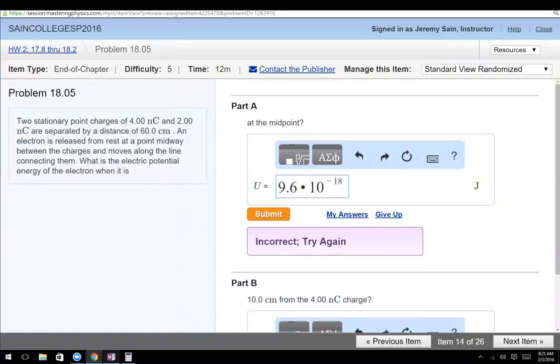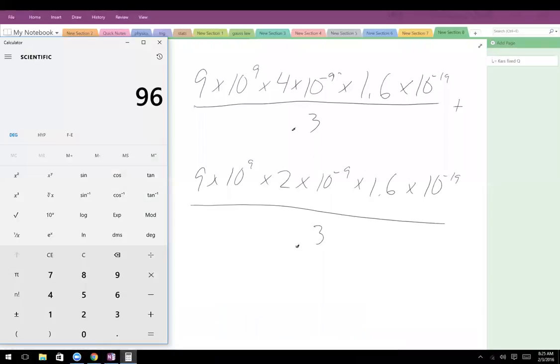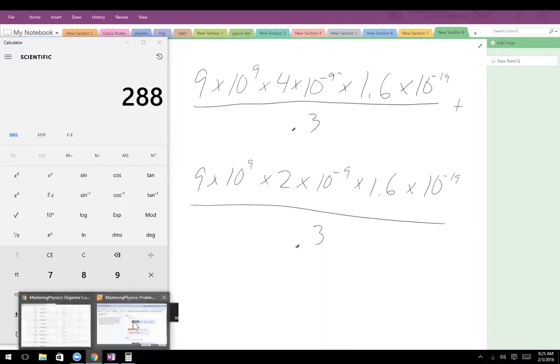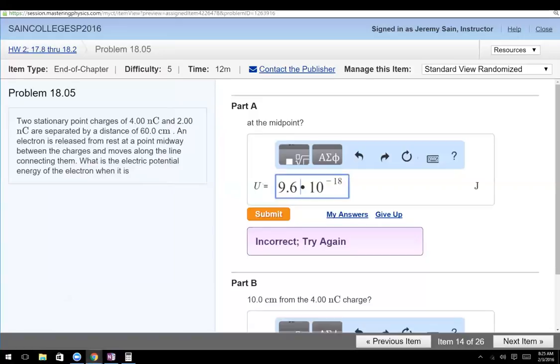Let me type that again one more time. Okay, so 9 times 2 times 1.6 is 96. Okay. I'm going to try this just to be on the safe side. I can't imagine that being right.